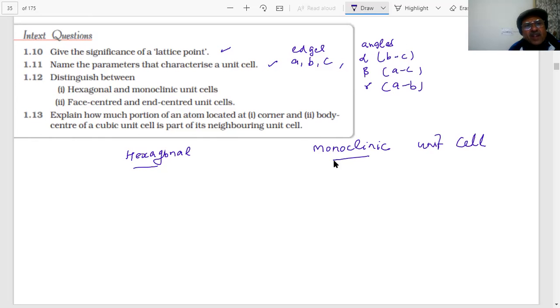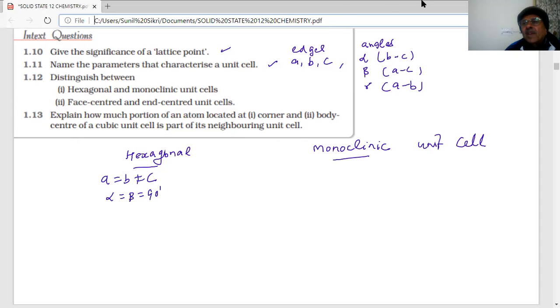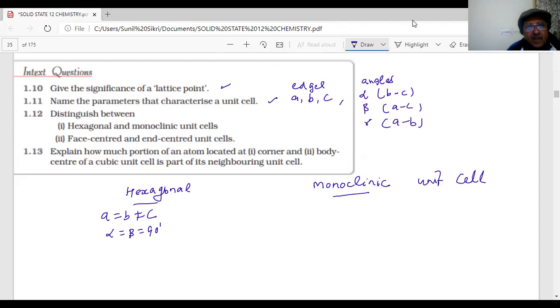For hexagonal, it is A equals B, not equal to C. And for angles, alpha is equal to beta is equal to 90 degrees, and gamma is equal to 120 degrees.